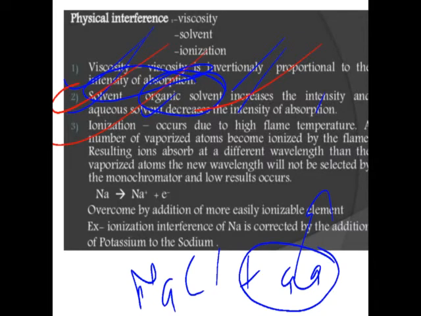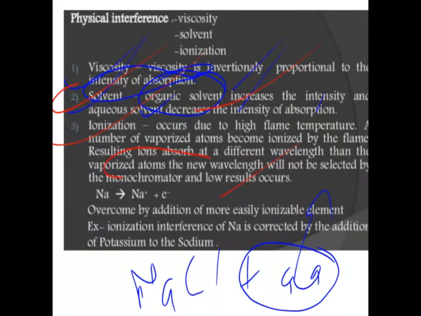The number of vaporized atoms becomes ionized by the flame, resulting in ions that absorb a different wavelength than the vaporized atoms. The new wavelength will not be selected by the monochromator and low results occur. So when the flame temperature is high, the vaporized atoms all get ionized. Therefore, the concentration of ionized atoms increases compared to the vaporized atoms. We actually want vaporized atoms, but instead of vaporizing they undergo ionization. So it may result in low results.